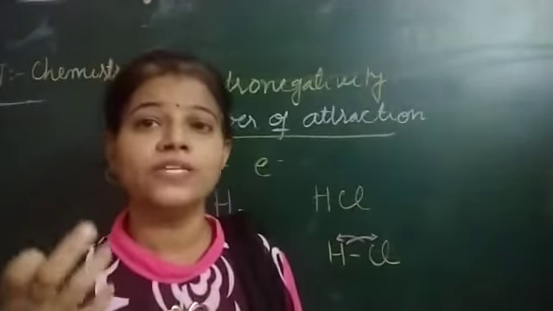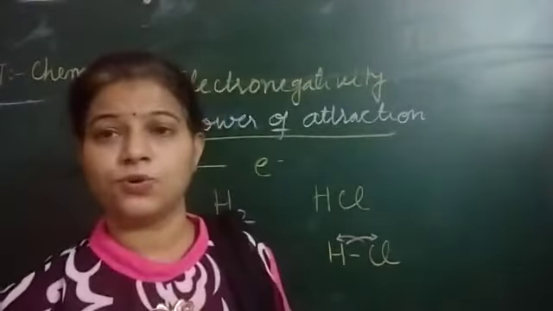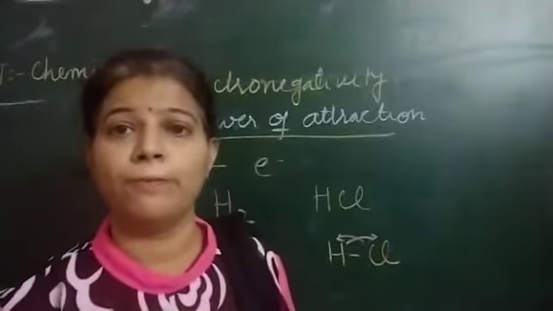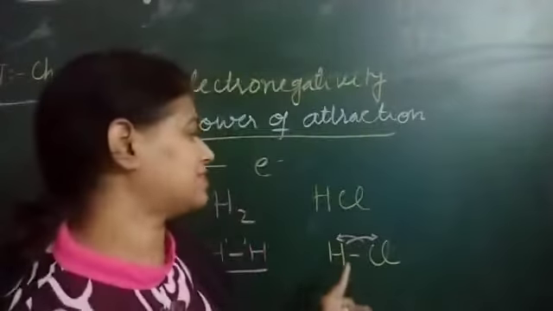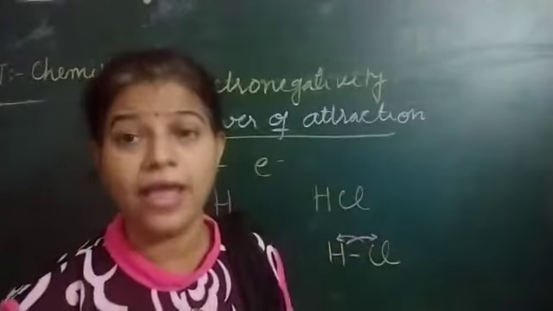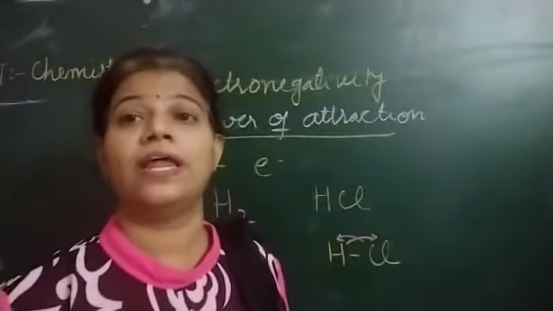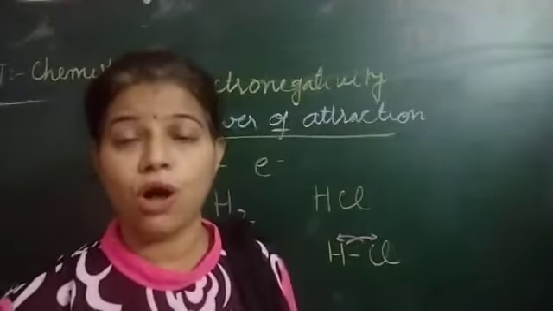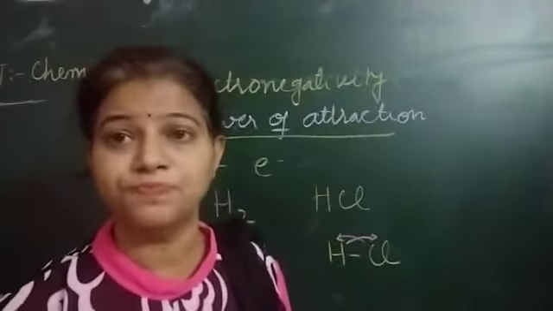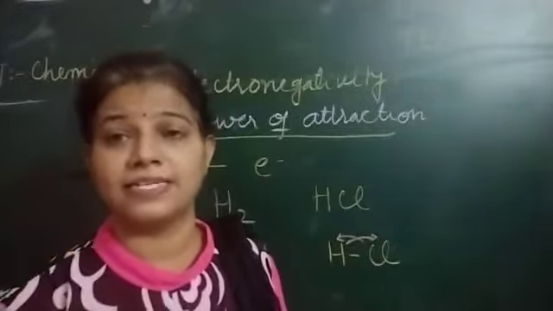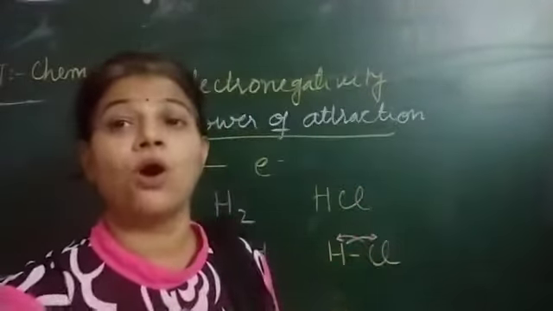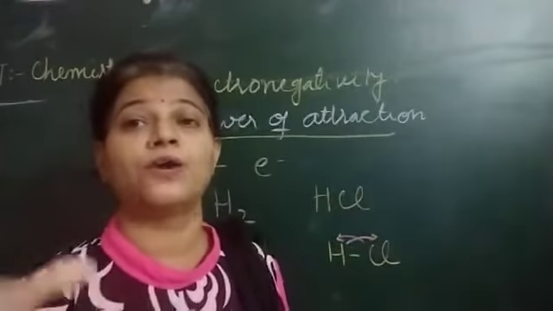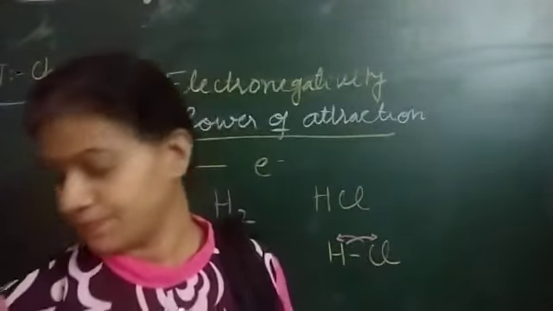So who attracts more? In hydrochloric acid, chlorine attracts the electron pair more towards itself as compared to hydrogen. Do you know why? Because chlorine is more electronegative. Now you got the meaning of the term electronegative. The power of an atom to attract the electron or an electron pair towards itself is said to be the electronegativity of the atom. Clear?